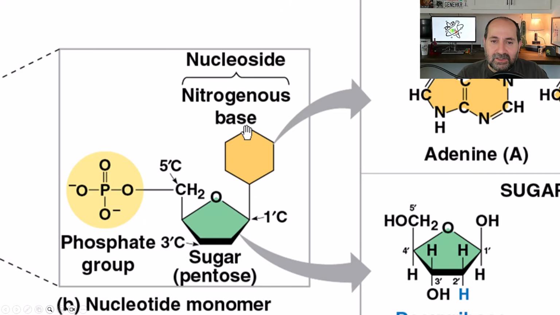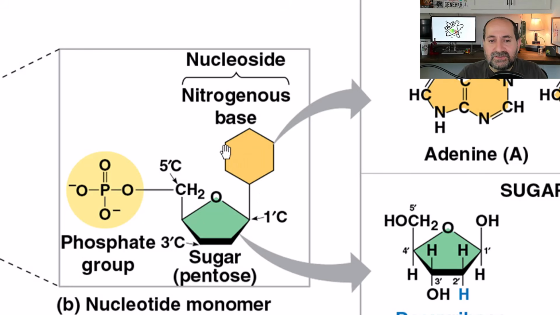This is the part of the nucleotide that gives the nucleotide a code, right? You've heard of the genetic code, right? The genetic code A, G, C, T. That's the alphabet of DNA, right? And RNA has a slight variation. Instead of T's, it uses U's, right?